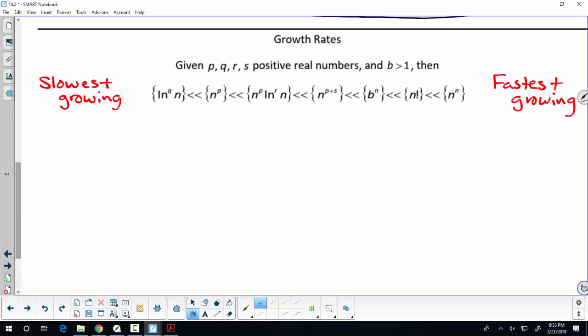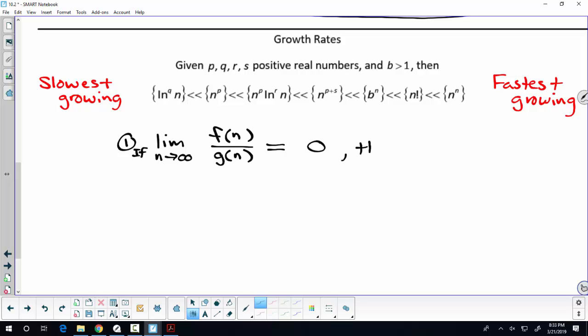If we're looking at the limit as n goes to infinity of a sequence over another sequence, and this quotient equals 0, then which function grows faster? The bottom has to grow faster. So if the limit of this thing equals 0, then g grows faster.